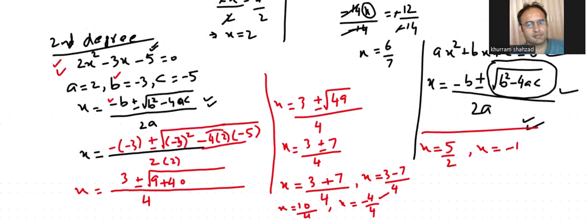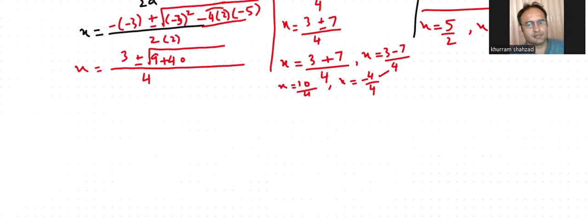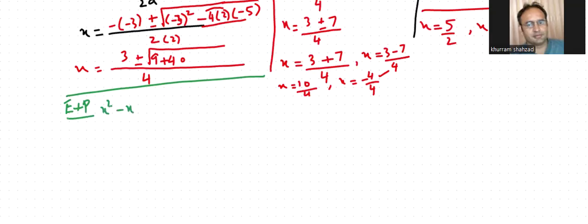Okay, next, I would like to give you another example of a solution for a quadratic equation. This equation is x square minus x minus 3 equals 0.